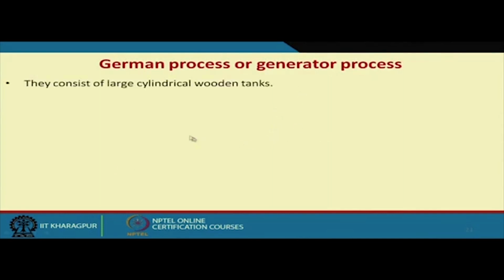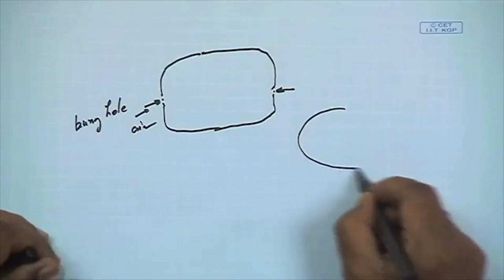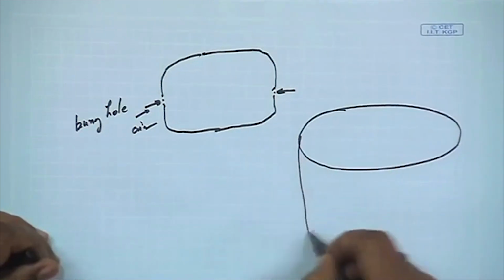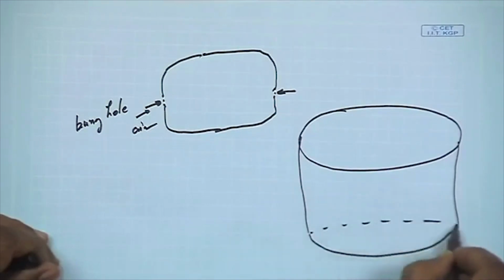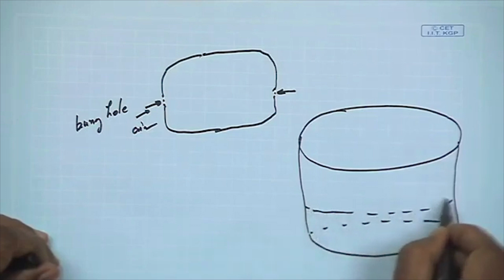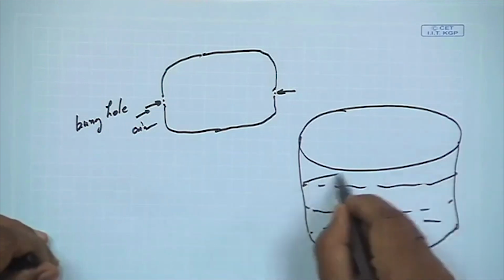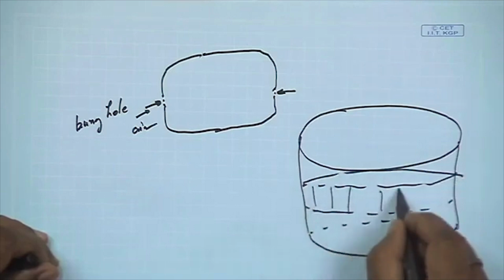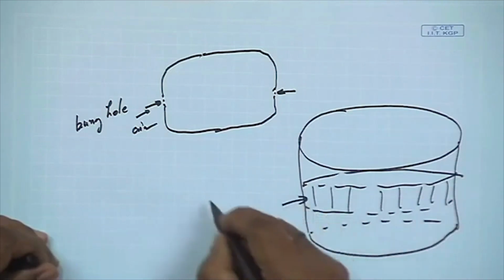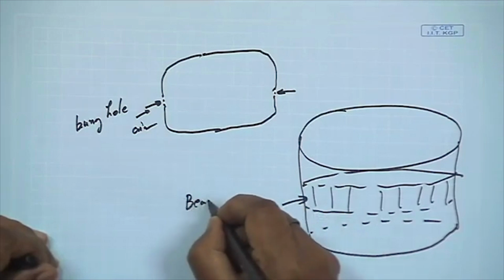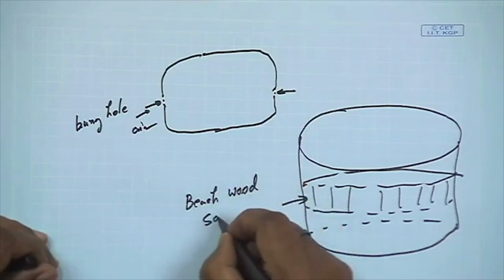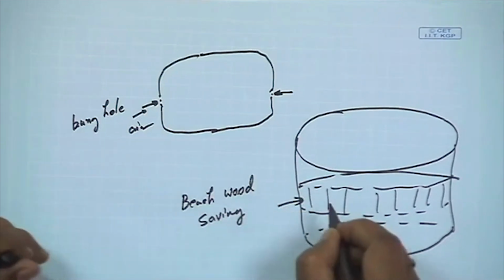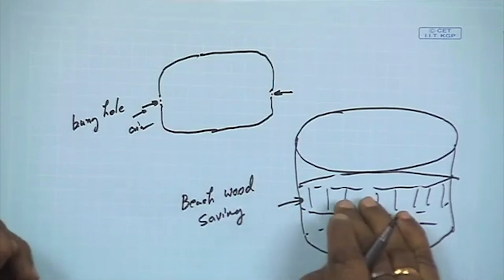This consists of a large cylindrical wooden tank. I can give the example that this is the wooden tank. Here we can have beetroot shavings, and so your organism will be immobilized on the surface.